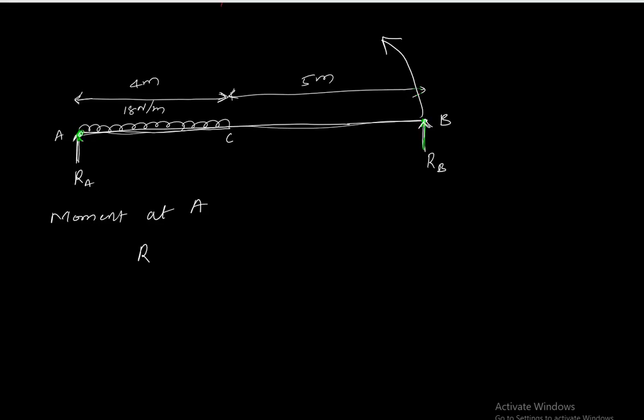Okay, and how much is that moment? It is RB times the distance, which is 4 plus 5 is 9, from the point of application to the point where it is pinned.